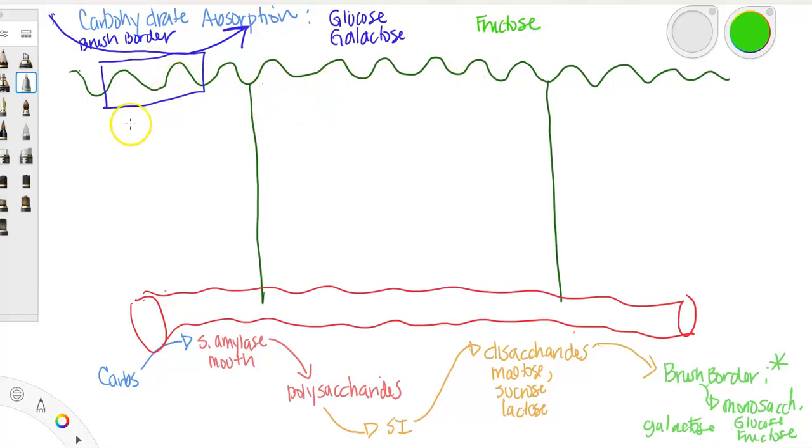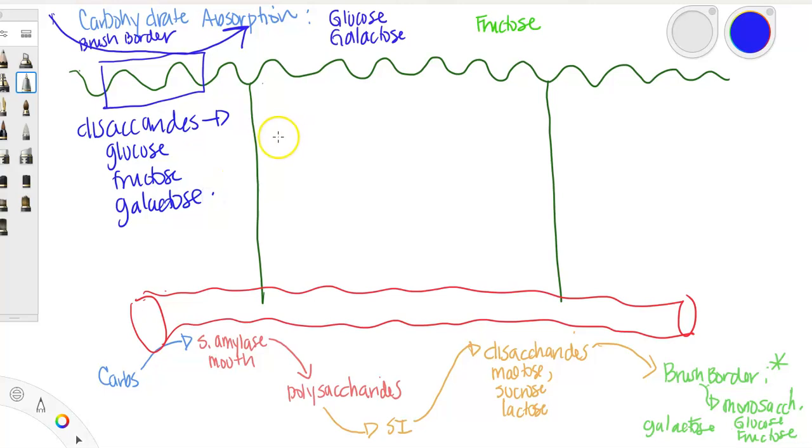Okay, so over here again, what just happened? Here's the brush border. We have our little enzymes that combine with the disaccharides to make monosaccharides: glucose, fructose, galactose.